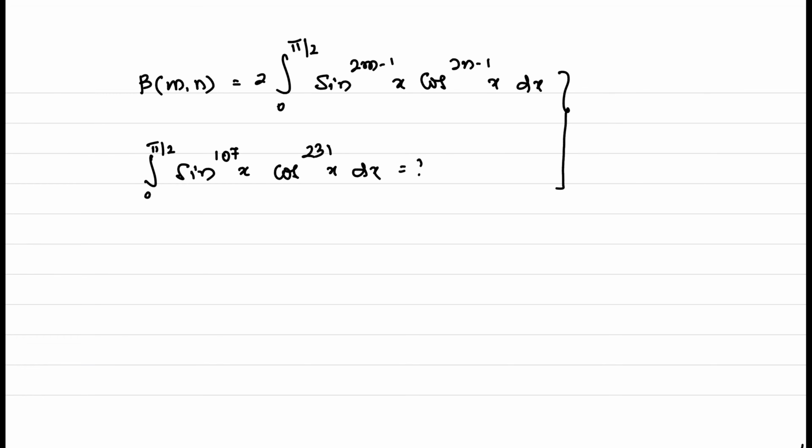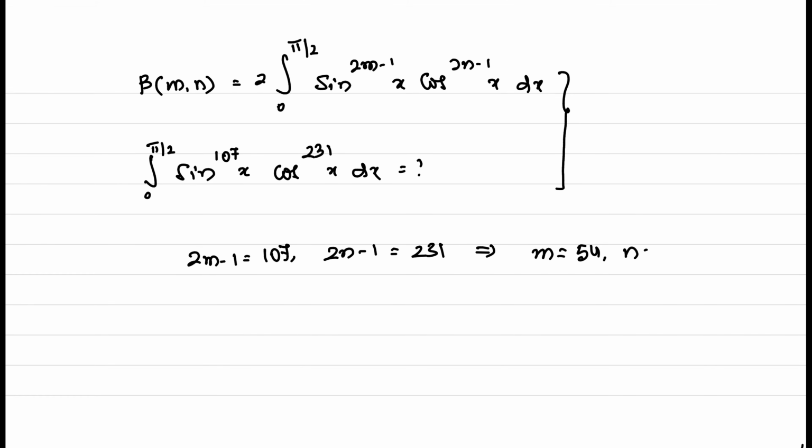From above, 2m minus 1 is equal to 107. When you compare both, 2n minus 1 is equal to 231. That implies m is equal to 54, n is equal to 116. When m is equal to 54, n is equal to 116, what will be the value of the beta function?